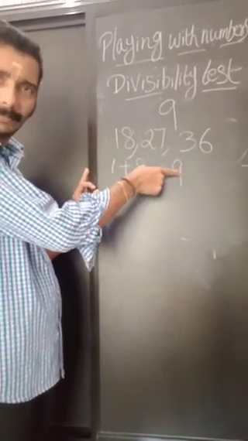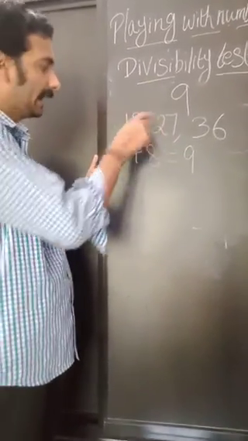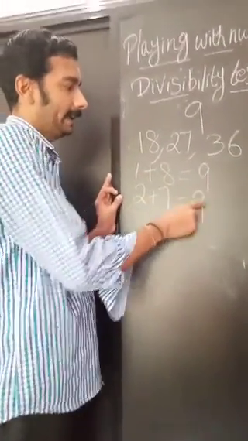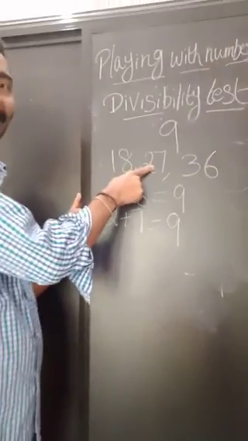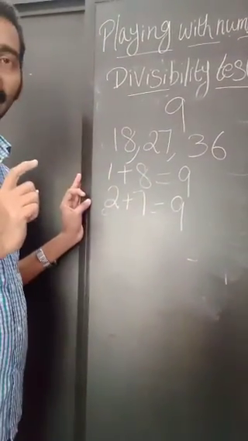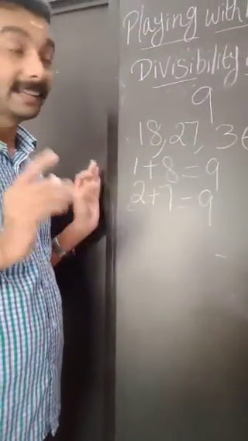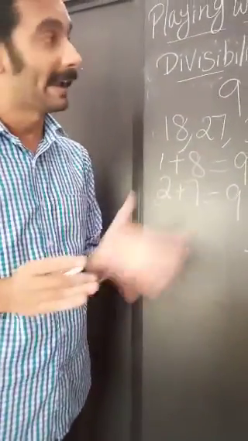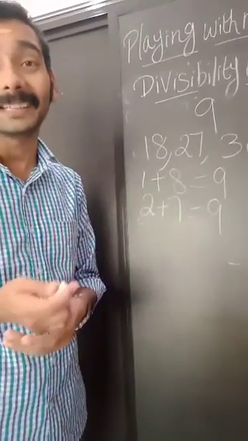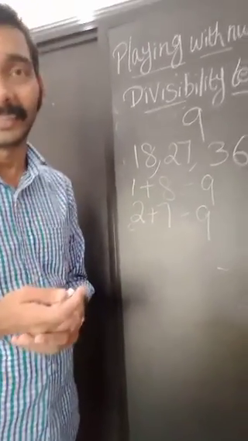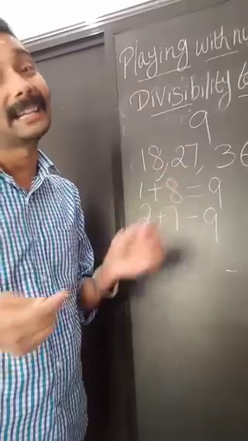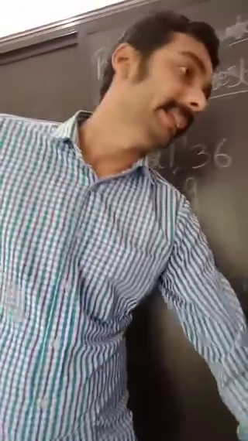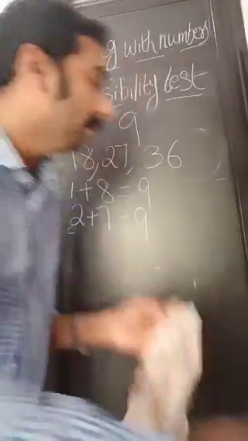Another number, 27: 2 plus 7 is 9. That means 27 is also divisible by 9. It is the easiest method. You find the numbers which are divisible. Clear?